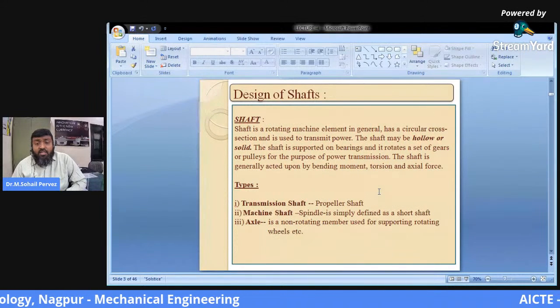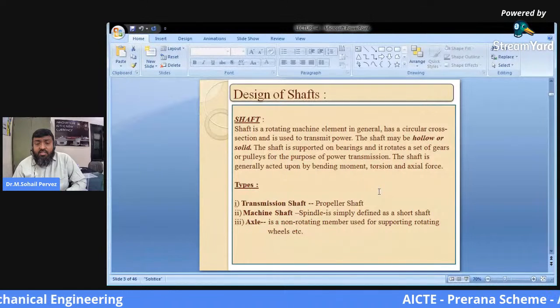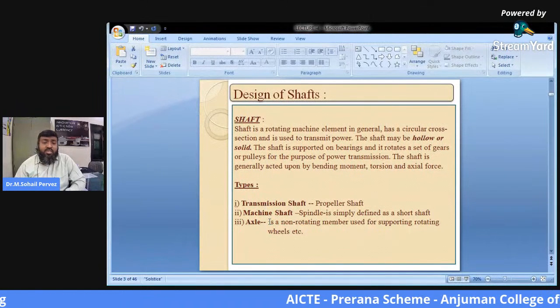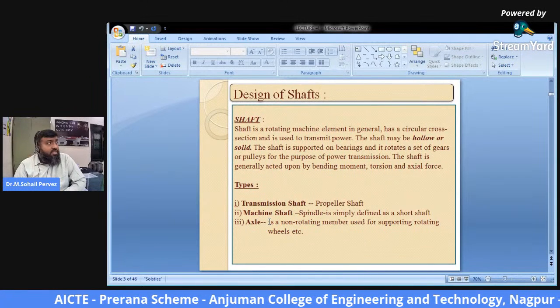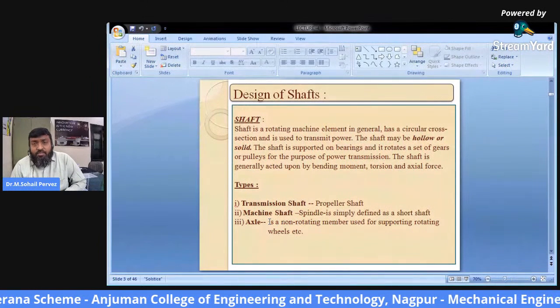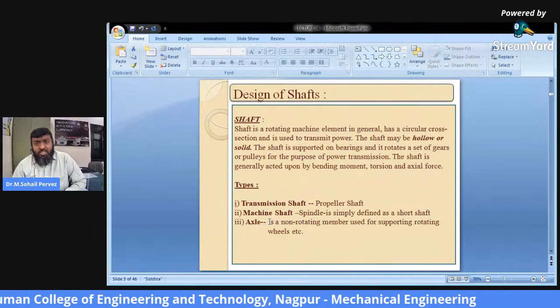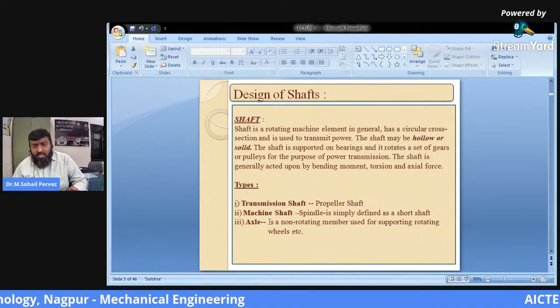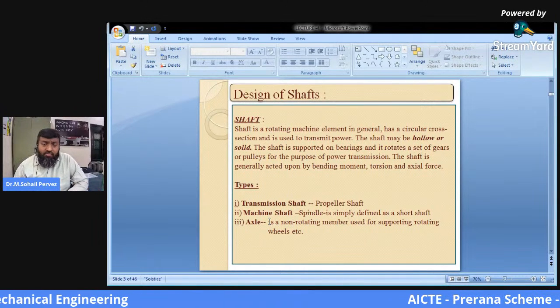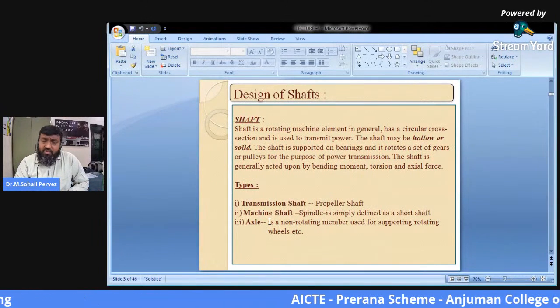As far as types of shafts are concerned, there are basically three types. Transmission shaft, which I have just told you about. Propeller shaft, it transmits power from the input shaft to some output with the help of this transmission element.